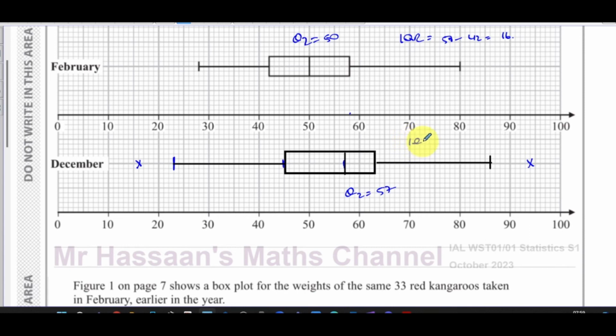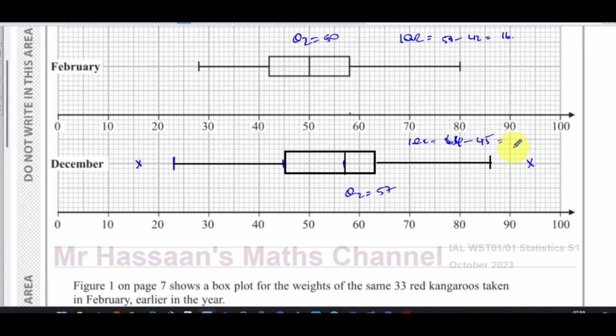And here we found the interquartile range is 64 minus 45.